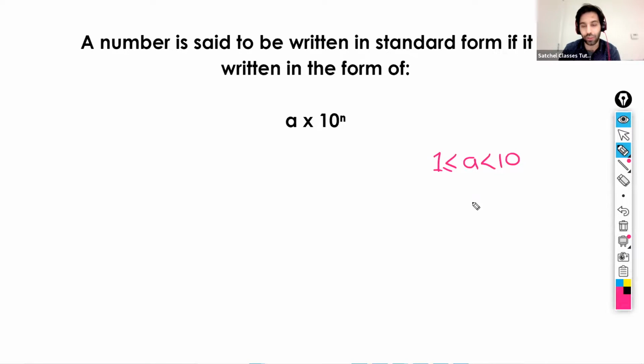So it can be 1, but it can't be 10. And n is any power of 10 which is an integer, which just means a whole number.